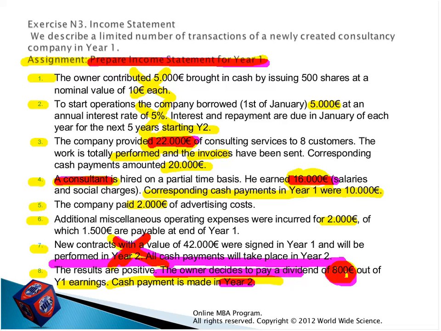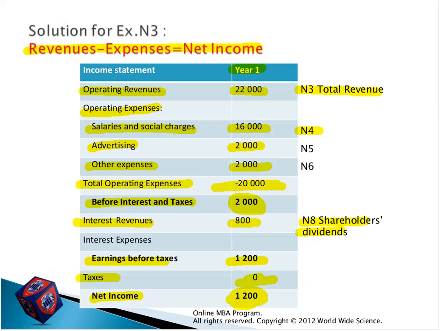And the owner already decided in this first year that he's going to pay these dividends, which are generated from the first year of revenue. He hasn't made the cash payment yet, but he is going to pay in the next year. But this doesn't matter. The important thing is that these dividends have been taken from the revenue of the first year, and we have to record it in our income statement, that 800 would be paid to the shareholders as dividends, right?